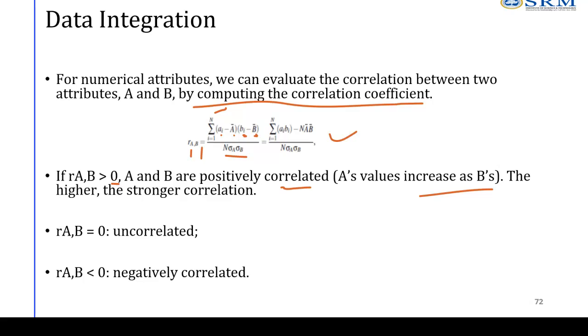If the value is 0, then A and B are not related. If the correlation value is less than 0, a negative value, it means that A and B are negatively correlated: if the A value increases, the B value decreases. Based on this correlation, we will see the chi-square test in our next video. Thank you.